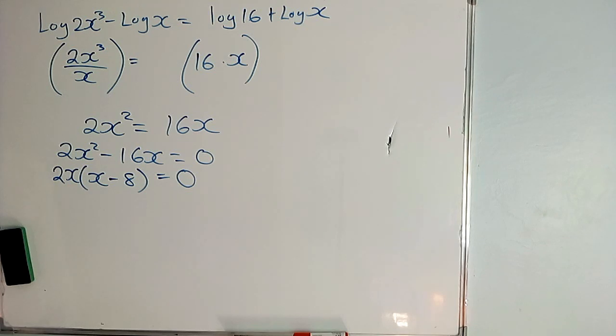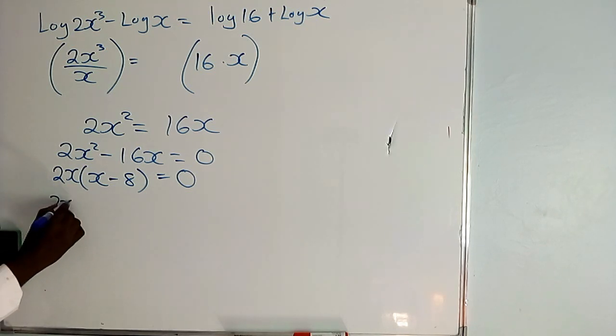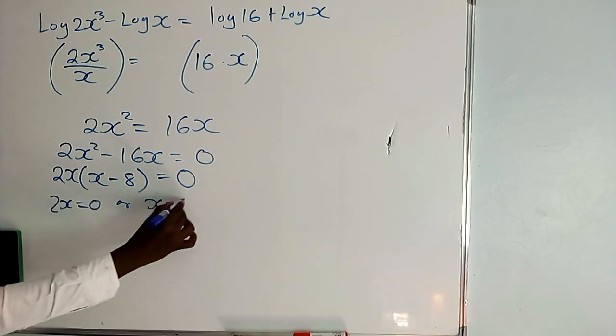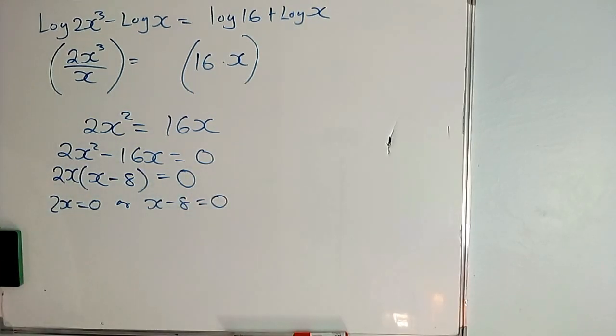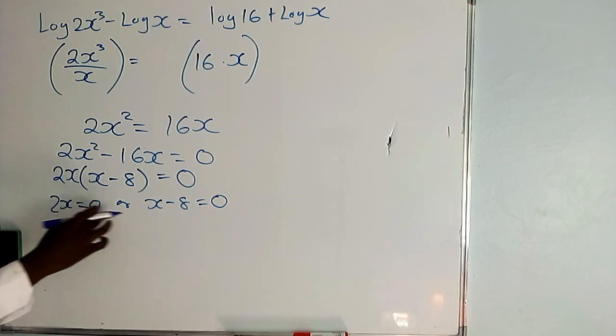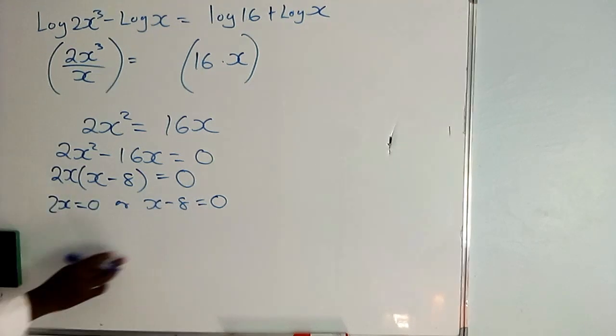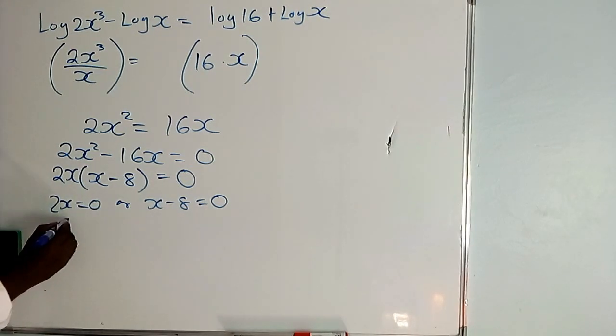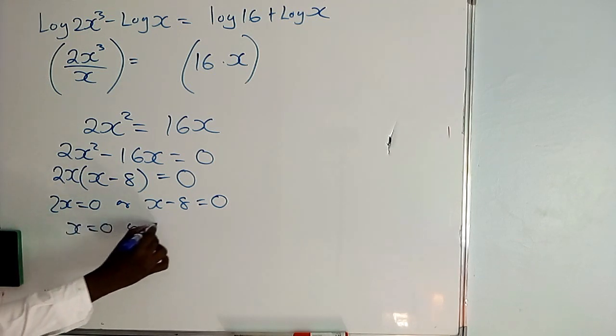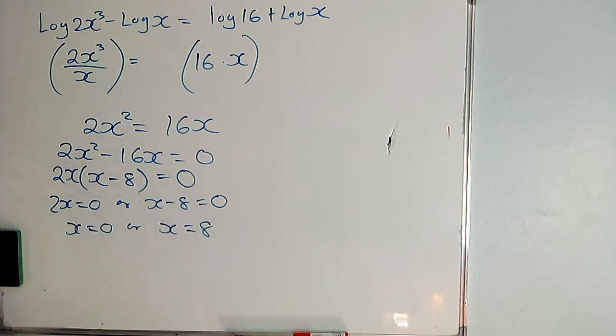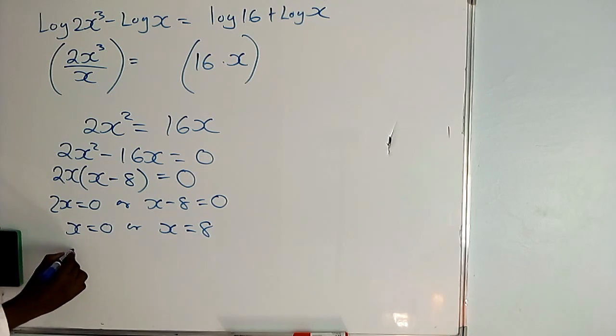After factorizing, when two factors are equal to 0, it means it is either the first factor which is 0 or the second factor which is 0, isn't it? So this implies either 2x is 0 or x minus 8 is 0. So we have x is equals to 0 or x is equals to 8.